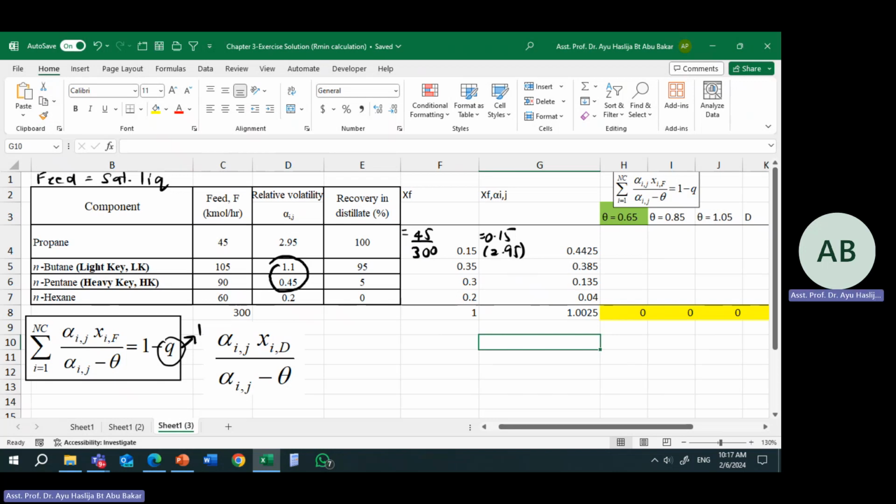Let's say the totals are 0.1, 0.05, 0.02. The one that is 0.02 is the answer. Select the theta value that provides that total, then use that theta in the Underwood equation.